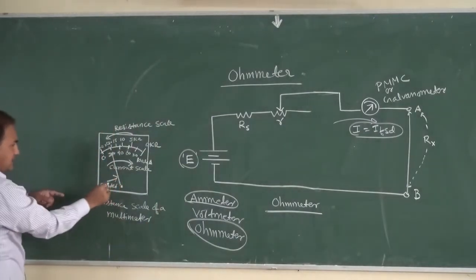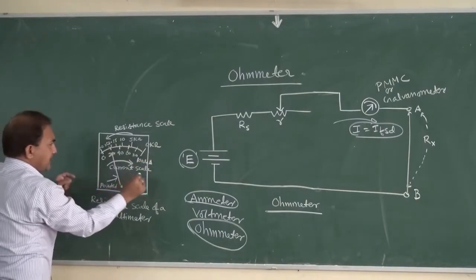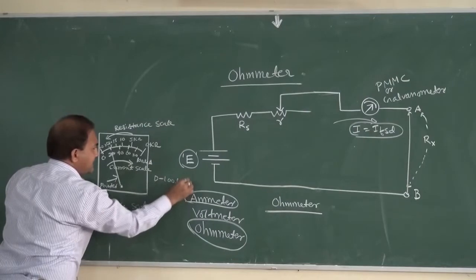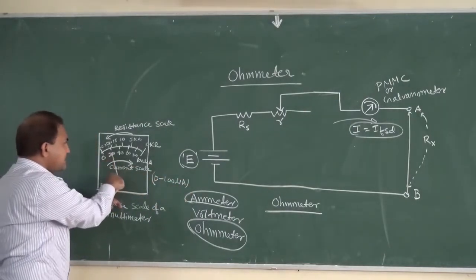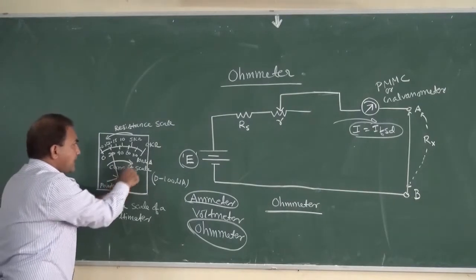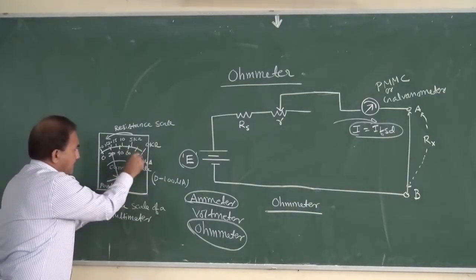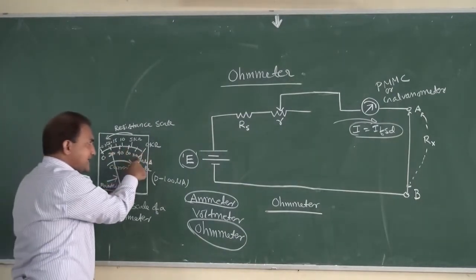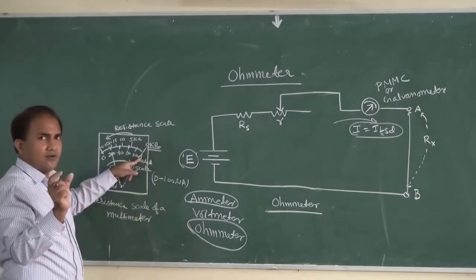Now see this pointer. Suppose this is a 0 to 100 microampere range ammeter. This is the pointer, and it will show at this position the full scale deflection current. For full scale deflection current, the resistance is 0.